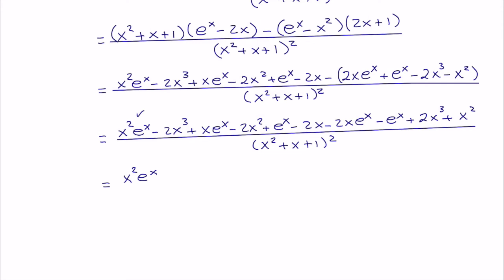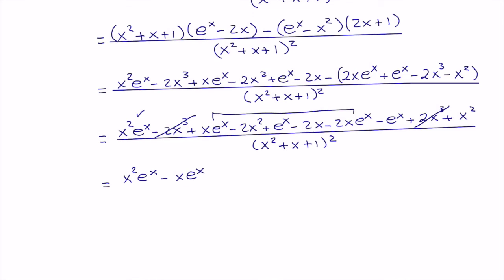x cubed, there's another x cubed there, so they cancel out: negative 2x cubed and 2x cubed, they're the same. Then x e to the x. Do you see any other x e to the x here? So we combine these two: negative x e to the x.